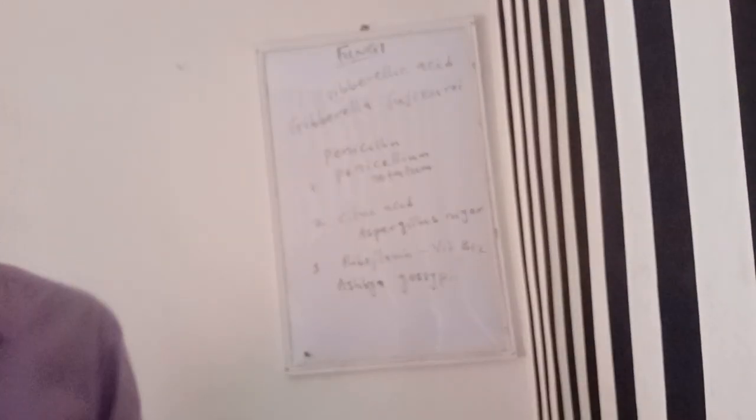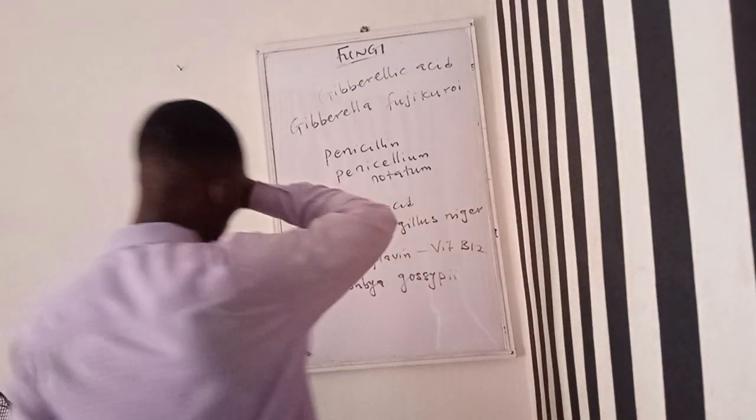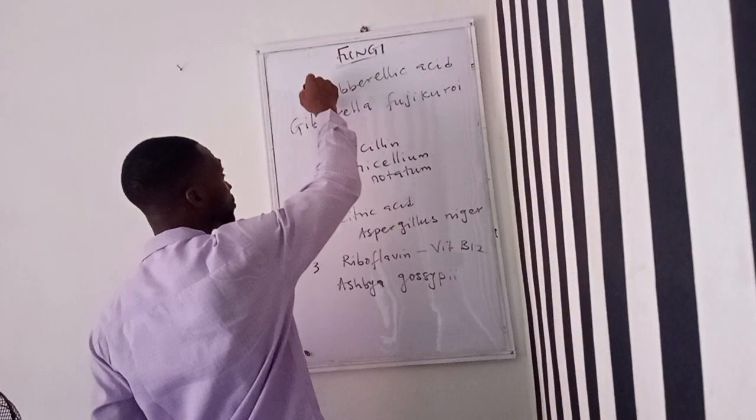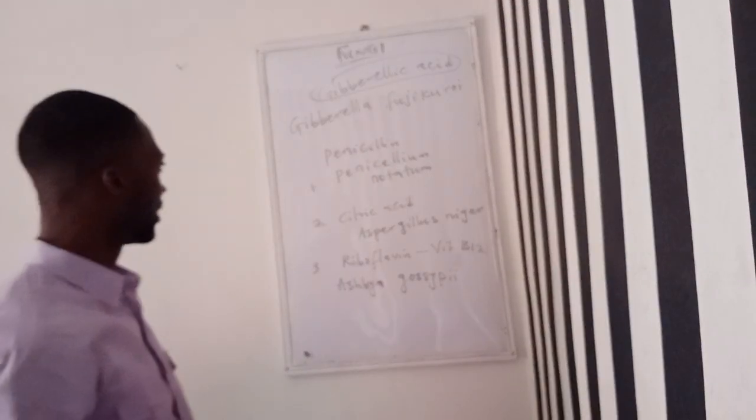I hope you're seeing the board. Let me be sure you're seeing the board. Okay, it's clear. Gibberella fujikuroi. So this one is used in the production of this plant hormone that is called gibberellic acid.